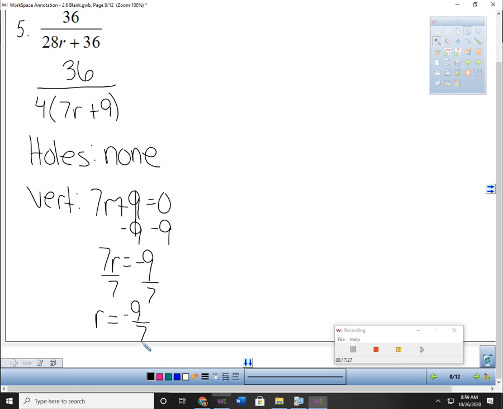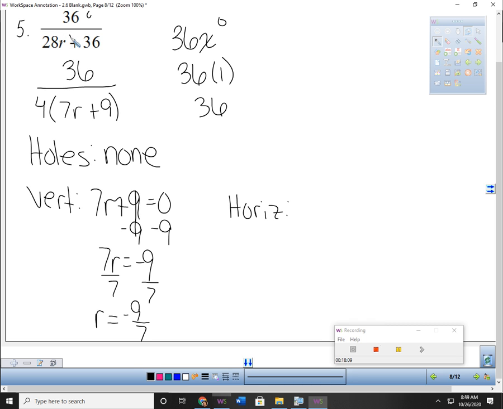Okay? And then for my horizontal asymptotes, I'm comparing degrees, right? So when there is no variable, that degree would be 0. Okay? And that's because, let's say that I had a variable there. It would have to have a power of 0 because x to the 0 power would be 1, and 36 times 1 is 36. So I have a 0 degree on top and 1 on bottom.